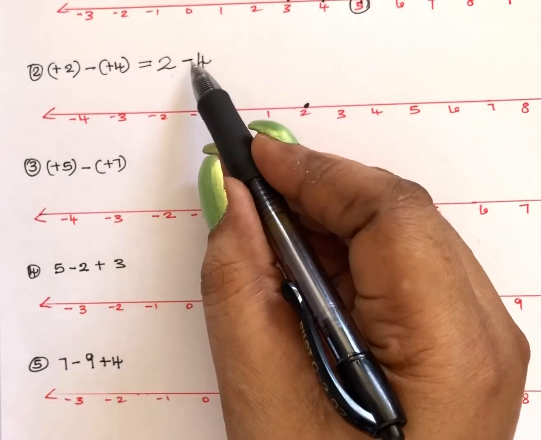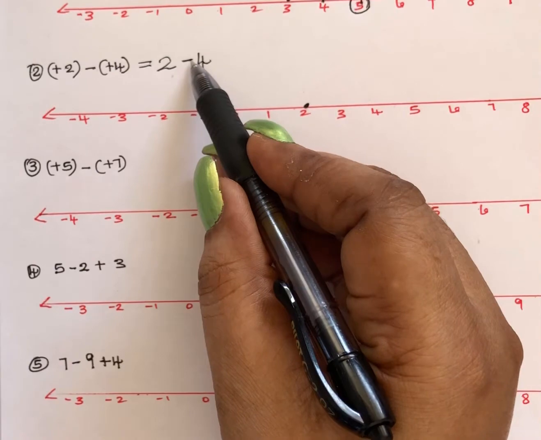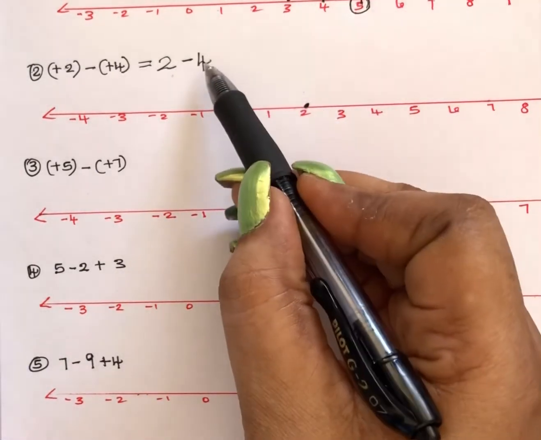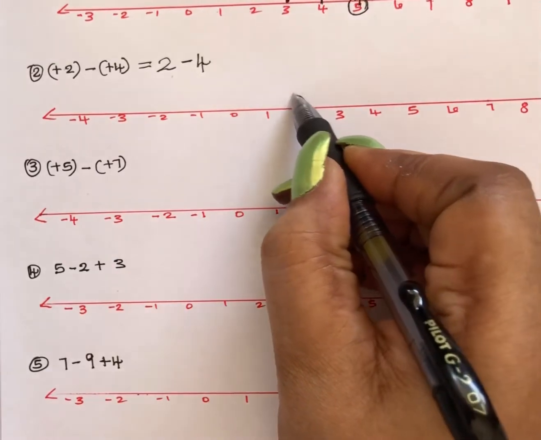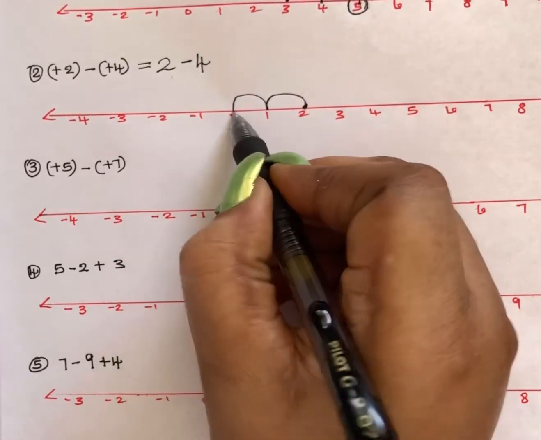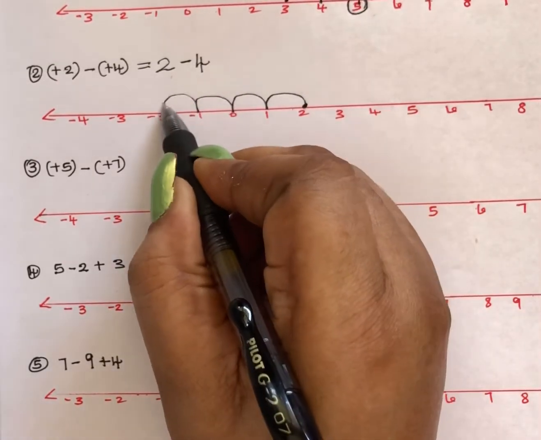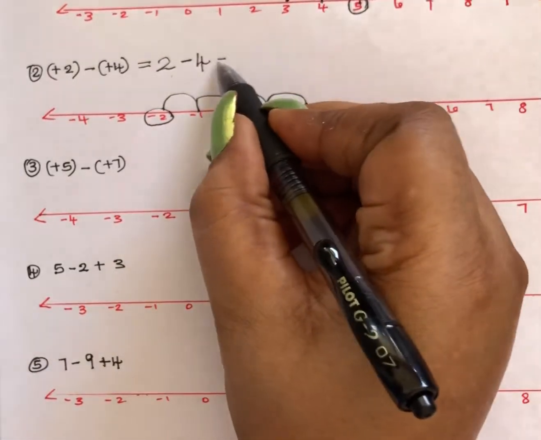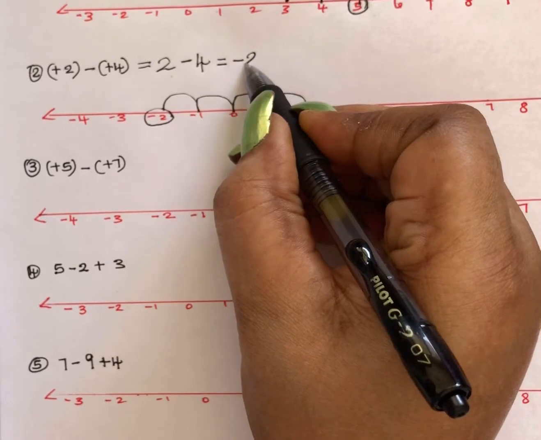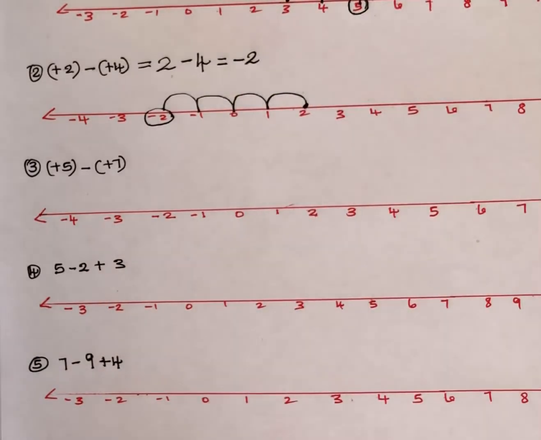But in this case, we want to subtract or take away. So we are going to make 4 moves to the left. 1, 2, 3, 4. Where did I stop? I stopped at negative 2.